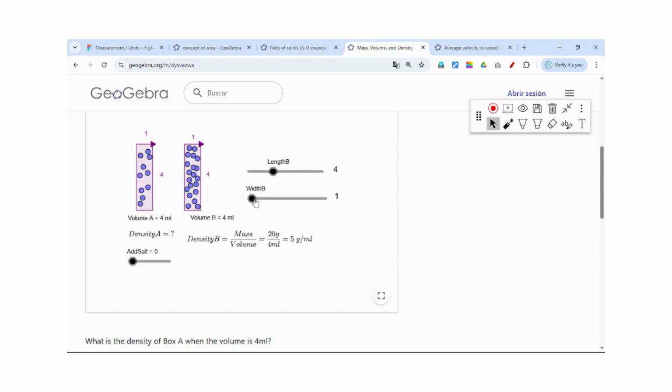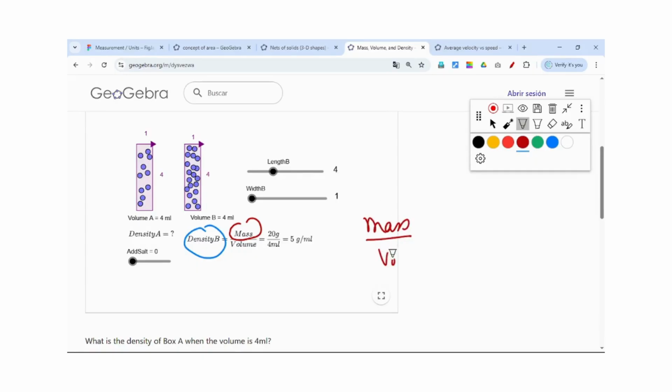In the same manner, we can measure a property called density. Again, it involves 2 dimensions. One is mass, other is volume. And now we are not multiplying, we are dividing 2 dimensions. Mass divided by volume. So mass is shown by these blue molecules.